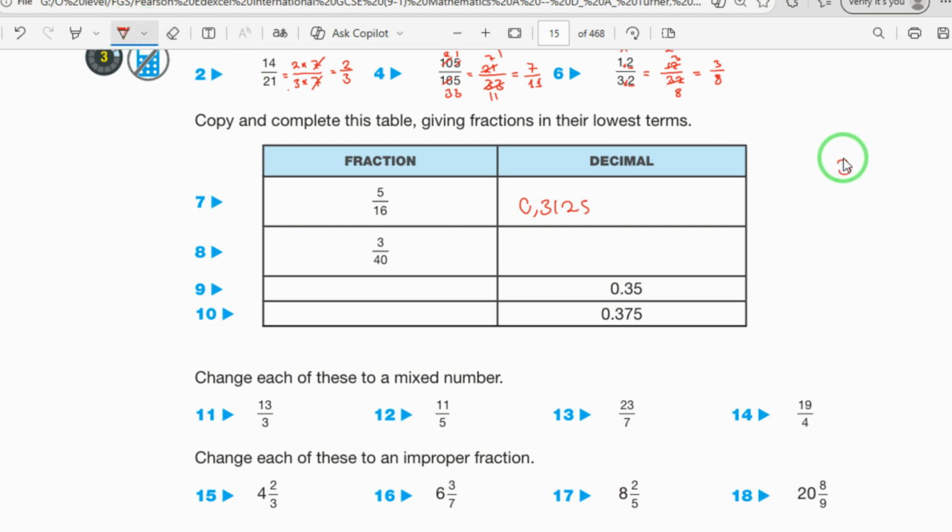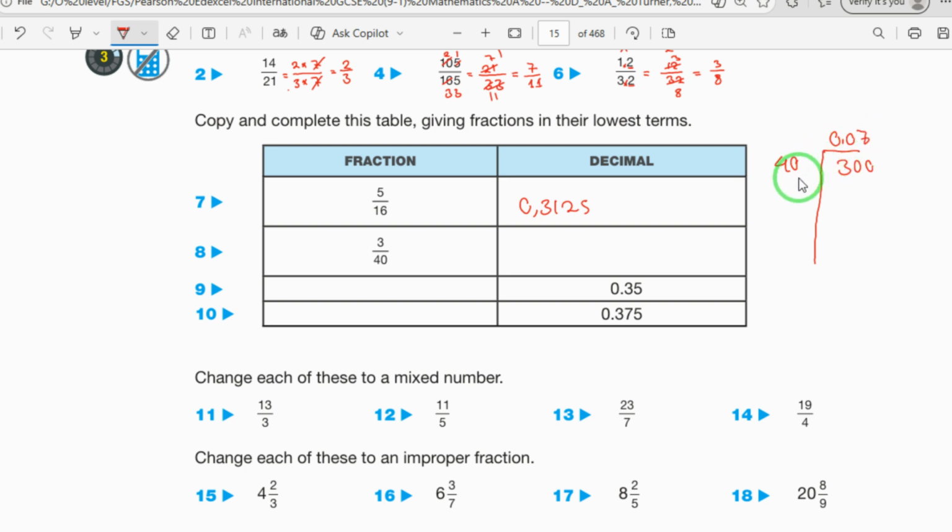We use the long division method. We add 0 point here and add a 0 to the right side of 3. It becomes 30, but 30 is not divisible by 40. We add another 0 here and add a 0 here. Now it's divisible. So we take 7.